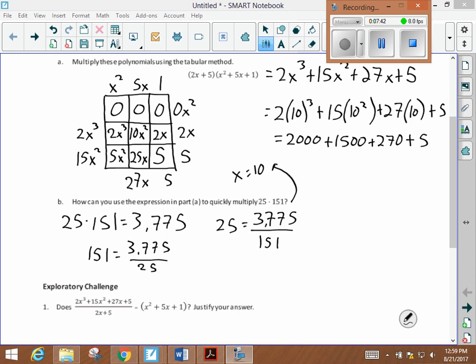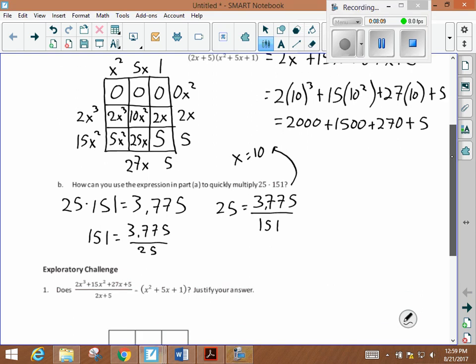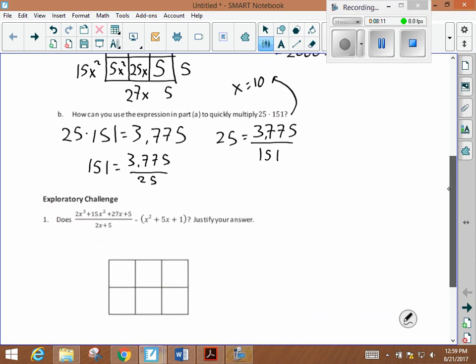Our x squared is representing our hundreds place, the x the tens place, and the 5 the ones place. And since that 270 is greater than 100, it winds up carrying over. Just an interesting result that we'll look at a little bit later.